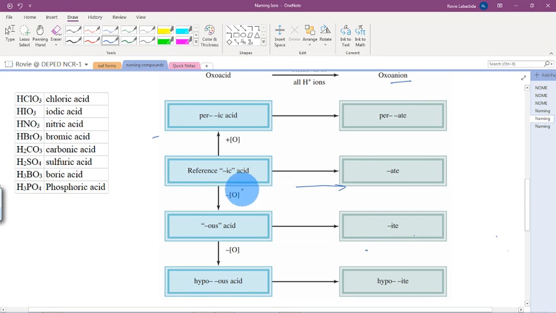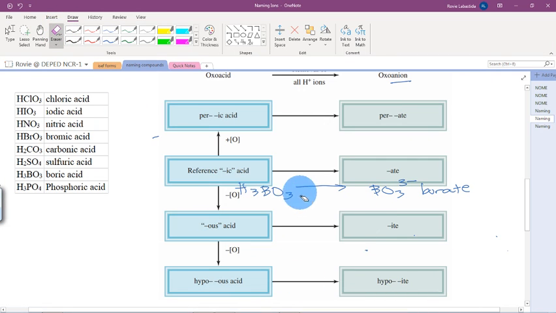So we have H3BO3. So if we remove the hydrogen atoms from the formula, it will become BO3 3 negative. And this is what we call borate ion. Alright? And that's it.